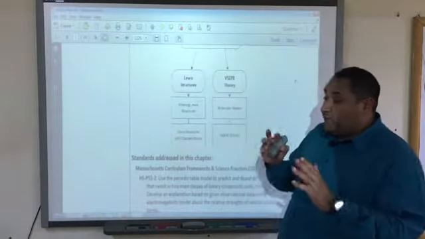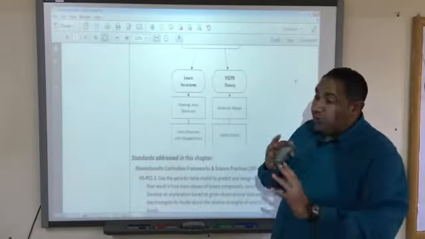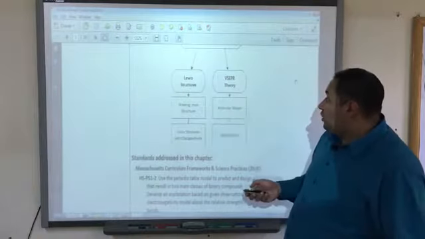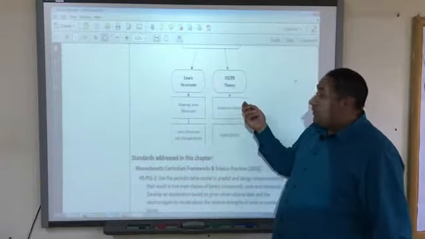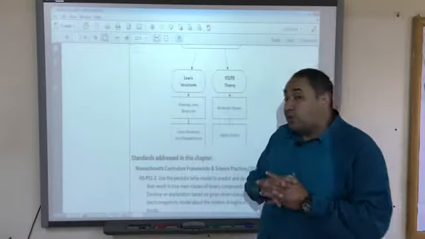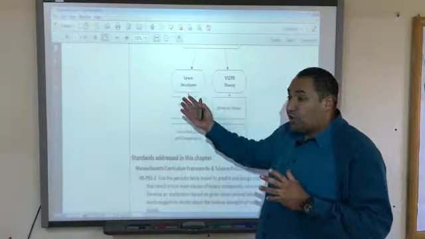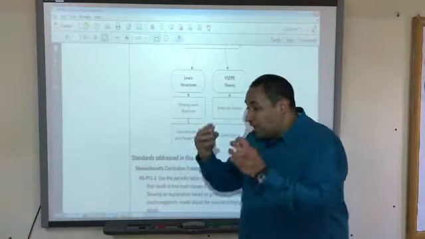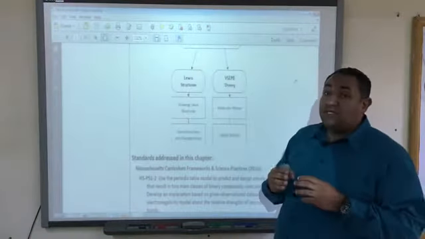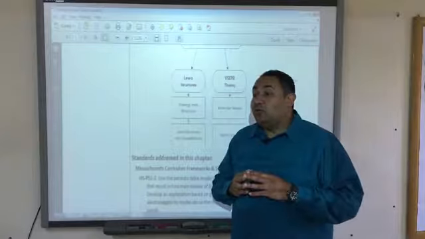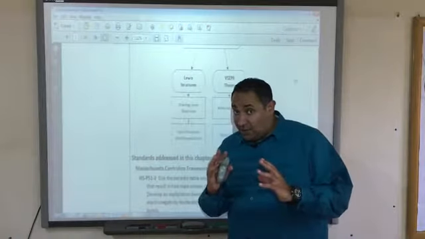So two halves: the idea of bonding and Lewis structures, then the VSEPR theory. Lewis helps you to understand how the atoms connect together, but VSEPR helps you to understand what kind of arrangement they take.